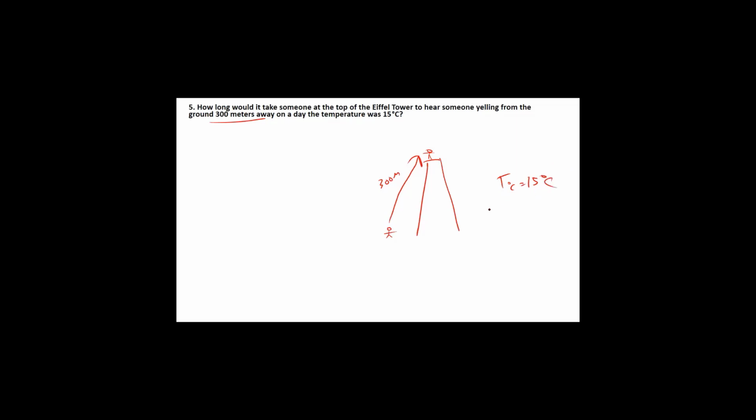So do the V sound equals 331 plus the 0.6 times temperature Celsius. And then after you do that, then go ahead and do the V equals X over T, solving for how long. So solving for T, rearrange that, it's going to be X over V.